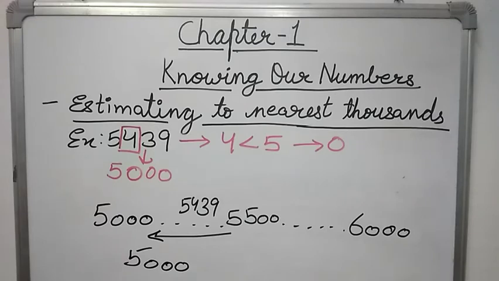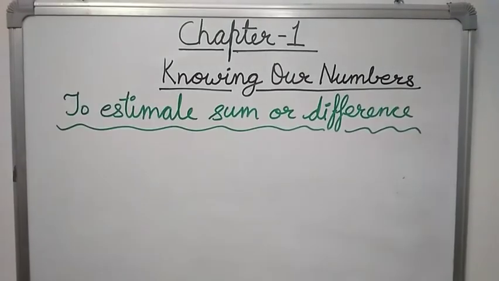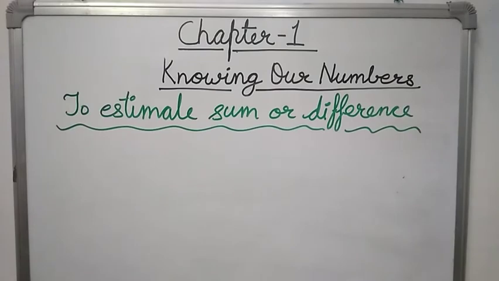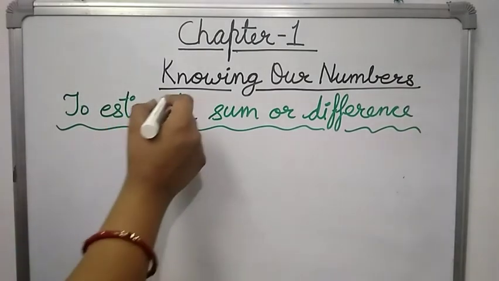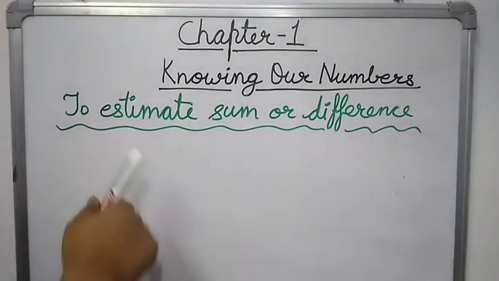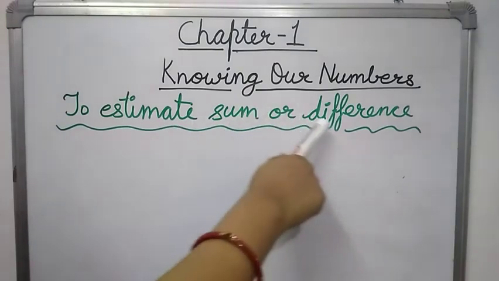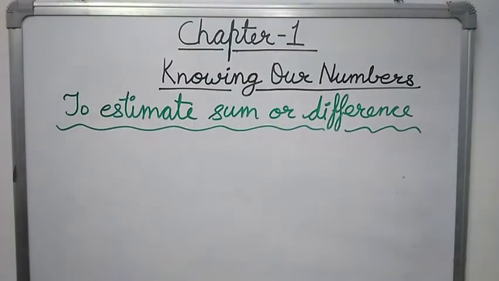By estimating these numbers, we can do additions, and we can do multiplications also. We can estimate any sum or any difference by estimating the numbers that are to be added or subtracted.